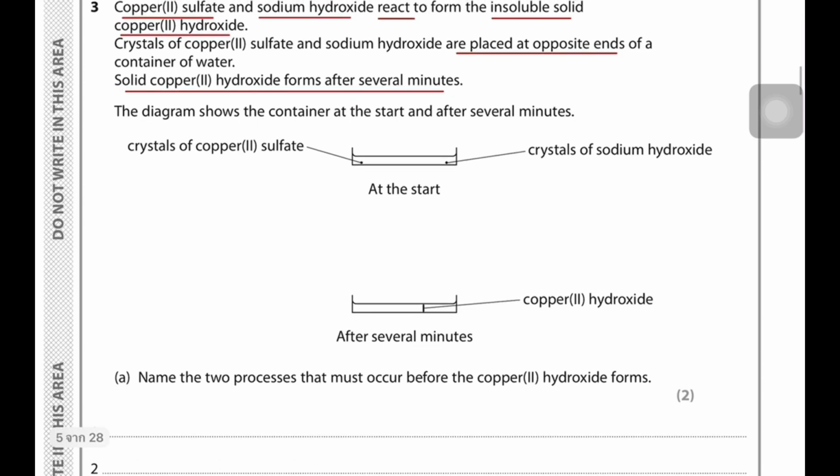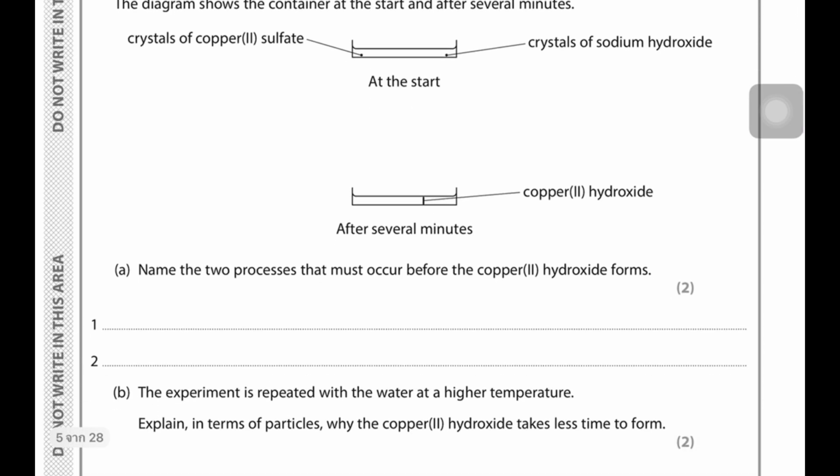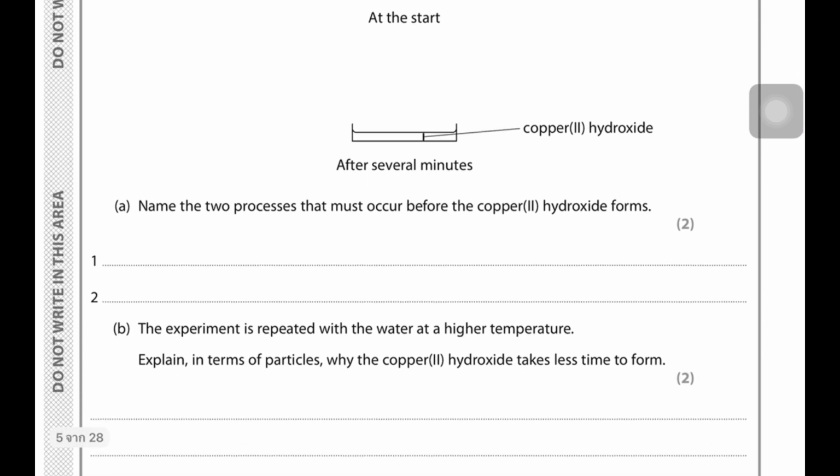The diagram shows the container at the start and after several minutes. Question A. Name the two processes that must occur before the copper hydroxide forms. So the two processes are dissolving and diffusion.